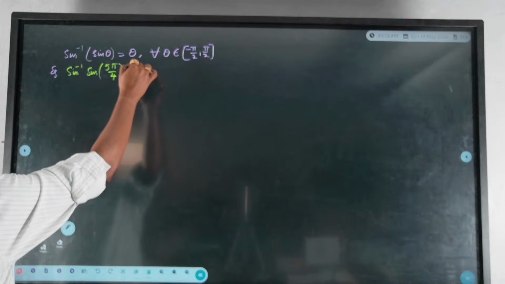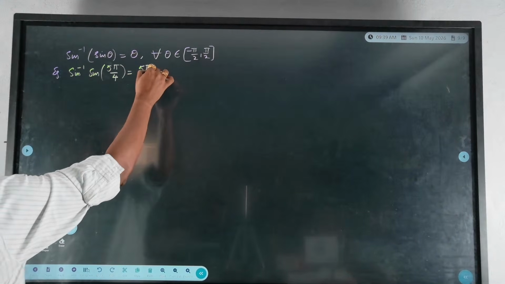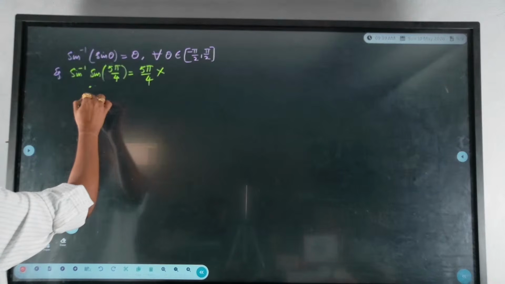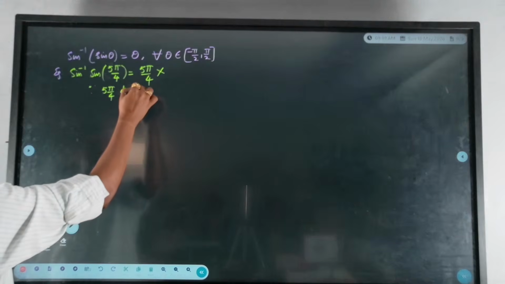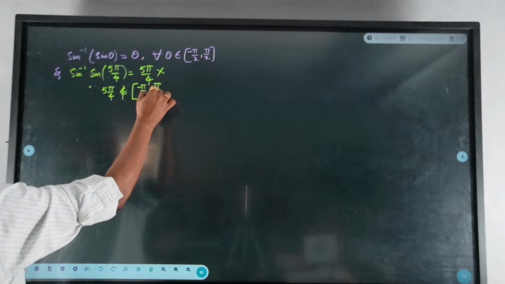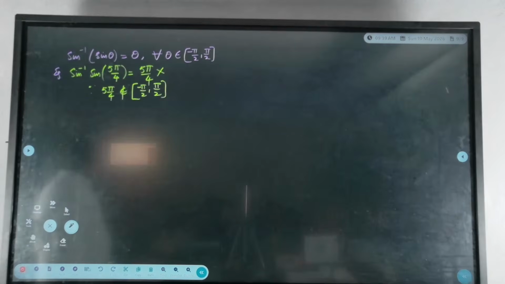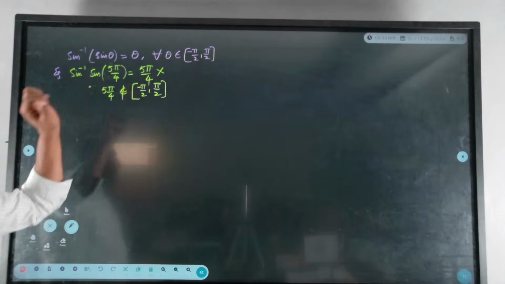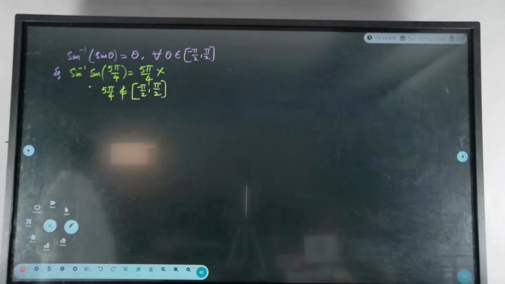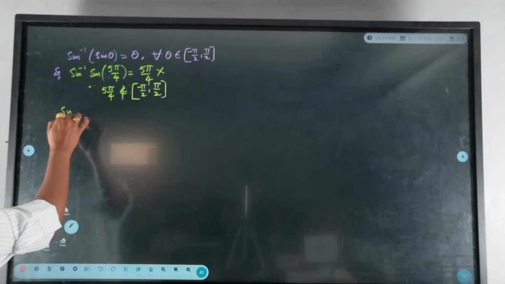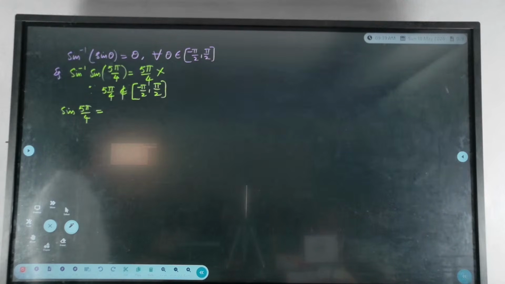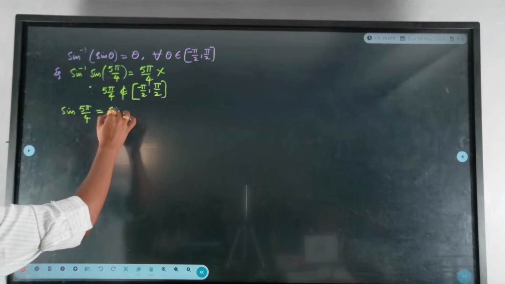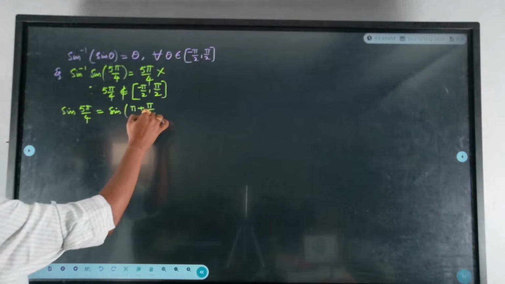So it is 5 pi by 4? Wrong, because 5 pi by 4 does not belong to closed minus pi by 2 to pi by 2. So 5 pi by 4 must be changed into this interval. Now, what is the value of sine 5 pi by 4? Pi plus pi by 4.